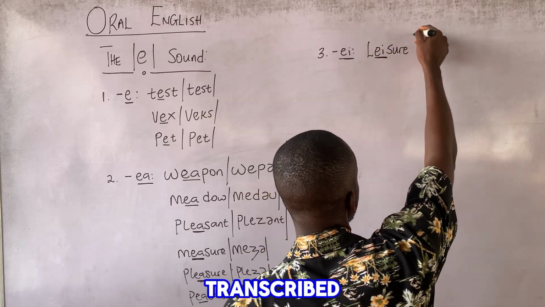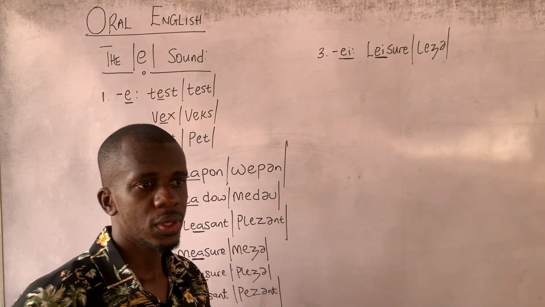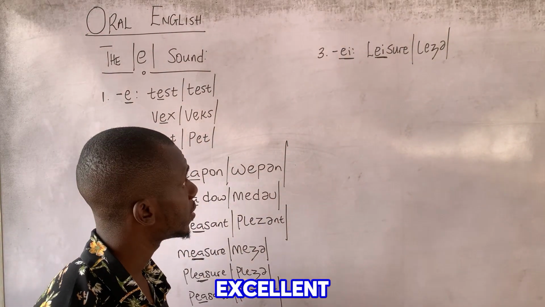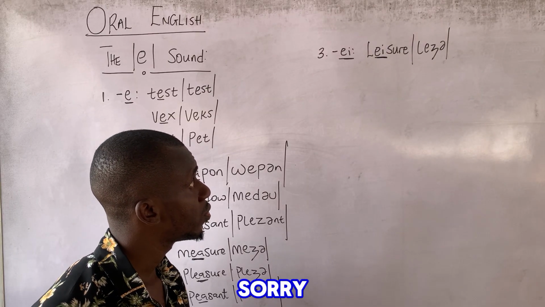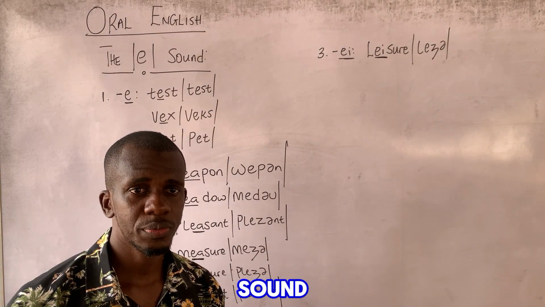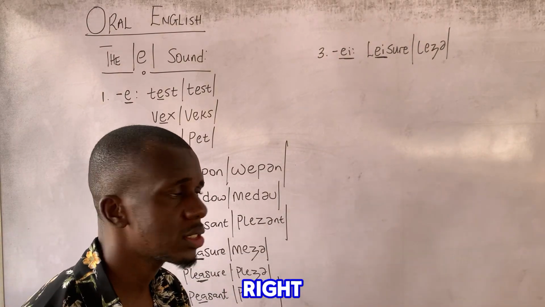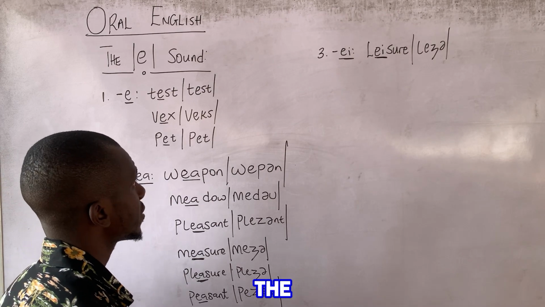So this is transcribed as leisure. You see that? So in the letters EI, we have the air sound present, as in the word leisure. Now, where else can we find the air sound?